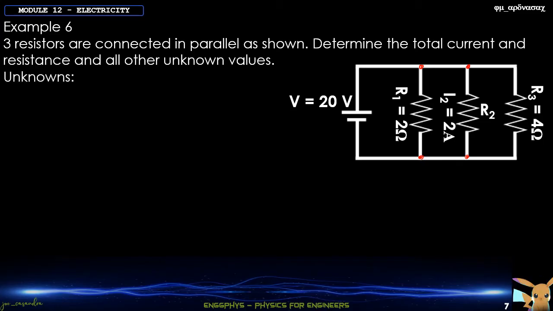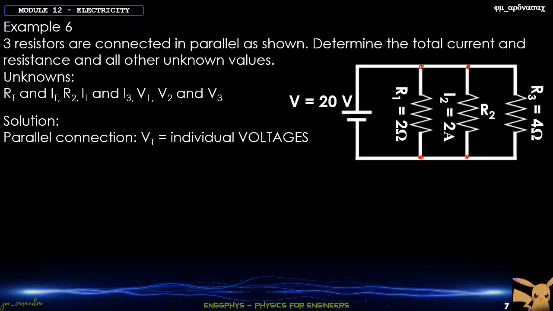Okay? So for our unknown values, we have R total, I total, our R2, I3, I1, and the individual voltages. So since this is in parallel connection, we know that the voltages across your individual resistors are equal to each other and that it is equal to the total voltage. So therefore, V1, V2, V3 is equal to 20 volts.